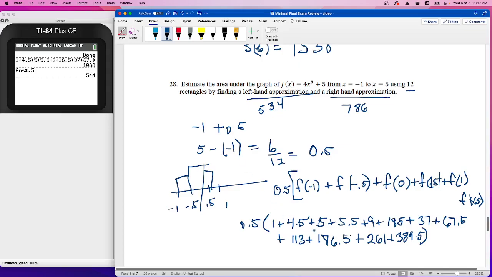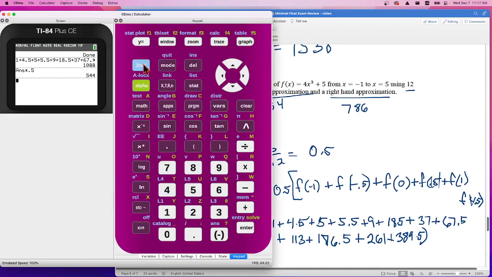Did I miss something? 1, 4.5, 5, 5.5, 9.